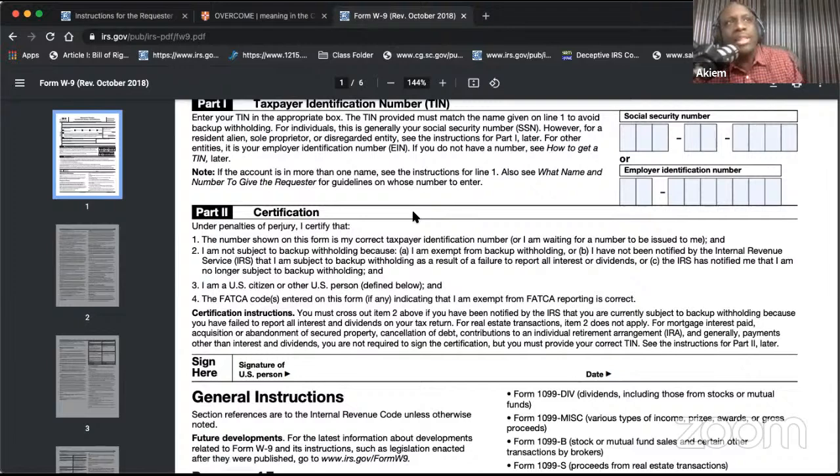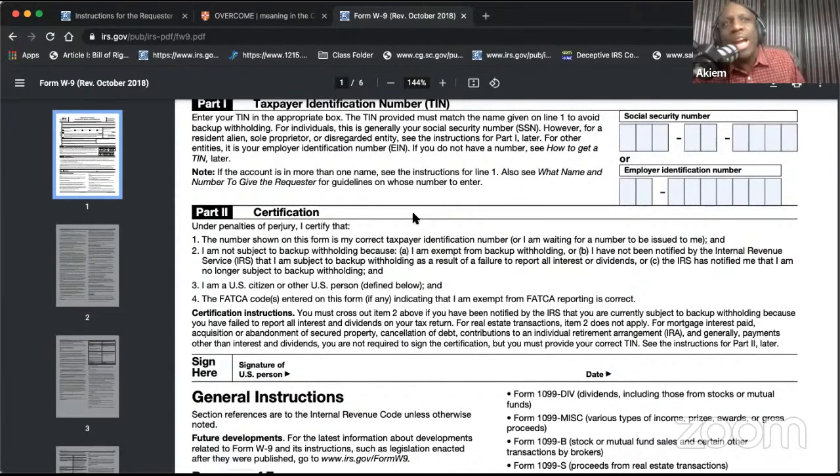And I am not subject to backup withholding because A, I am exempt from backup withholding, or B, I have not been notified by the Internal Revenue Service, IRS, that I am subject to backup withholding as a result of failure to report all interest or dividends. You notice it says backup withholding for failure to report interest and dividends. It doesn't say all taxes due on your income.